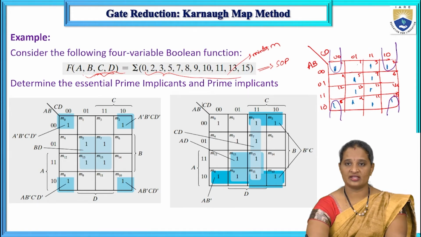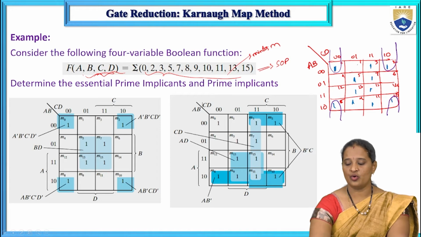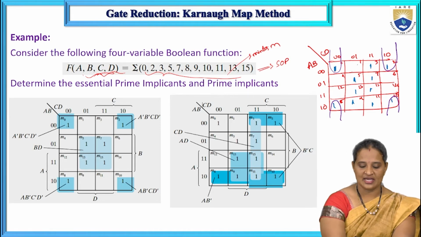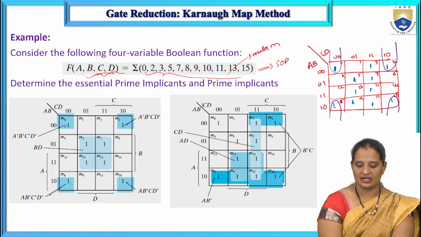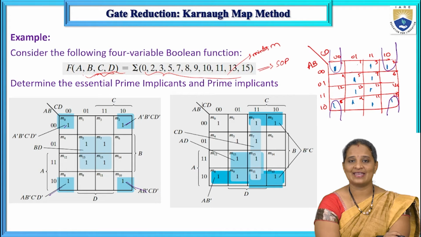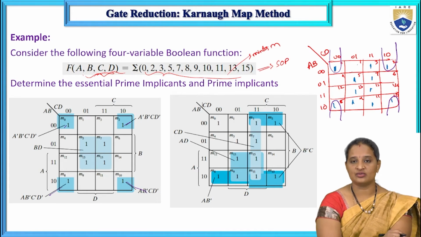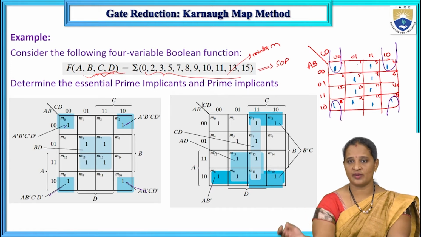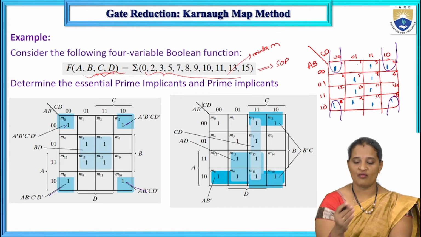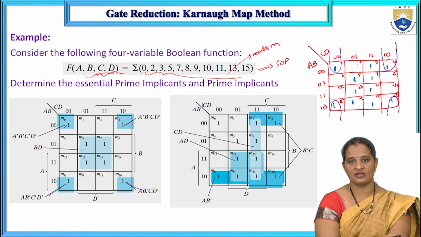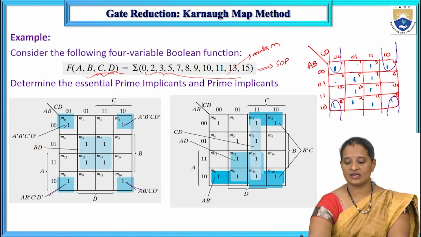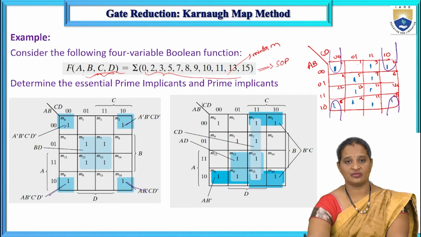The group formed by M0, M2, M8 and M10 is an essential group, because only this group can cover the min term M0, whereas M0 cannot be covered by any other group. How am I saying that? Because there are no other adjacent cells marked with 1 to the cell M0. So this is the essential group.